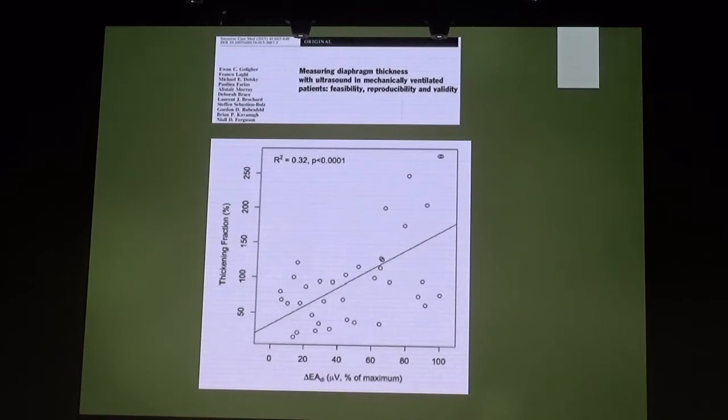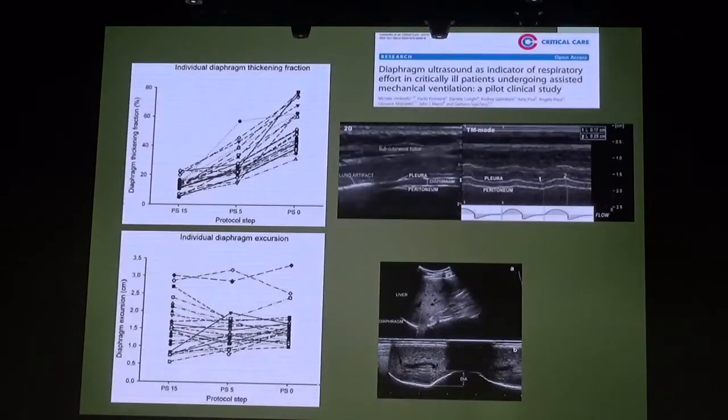I expect that in patients with diaphragmatic dysfunction, we should be in the right lower part of this image. That means that for a given electrical activity, we should lose some contractility, but this has not been studied yet. And as you can see, diaphragmatic thickening is very well correlated with the respiratory workload of the diaphragm.